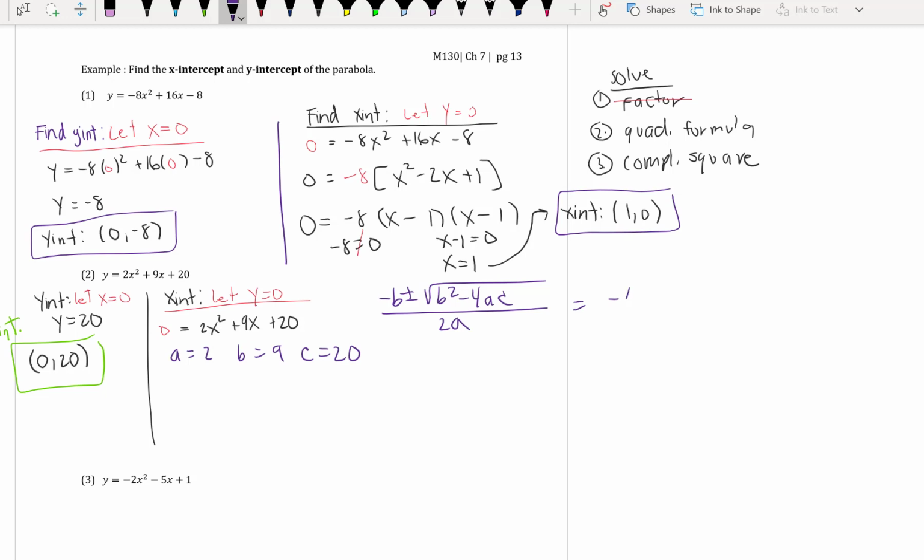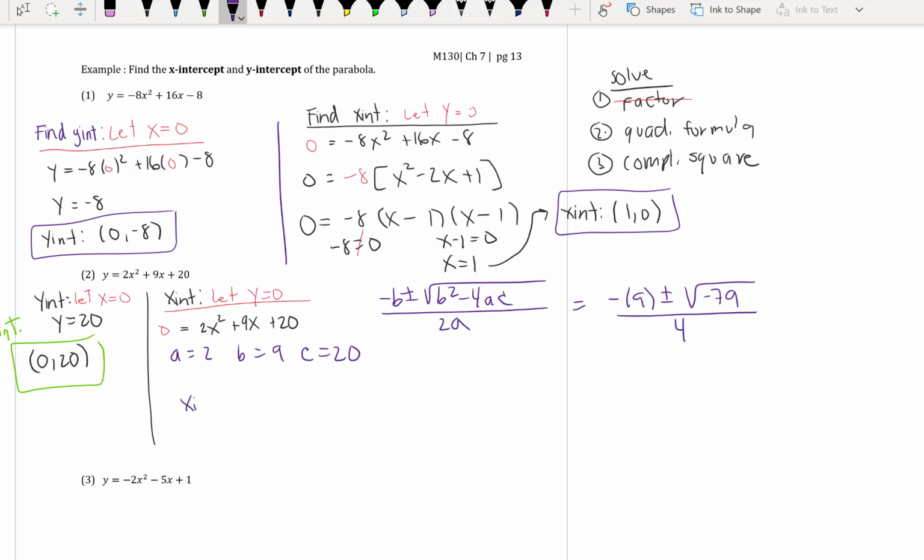So I have a negative 9 plus or minus the square root of, and this is where I'm going to use my calculator. So I have 9 squared minus 4 times 2 times 20. That gives me a negative 79. And now I have 2 times 2, which is a positive 4.